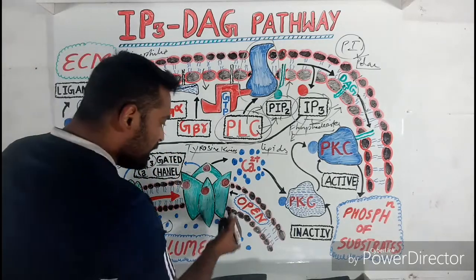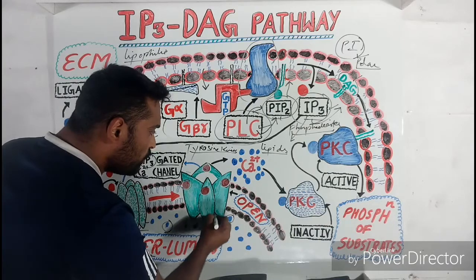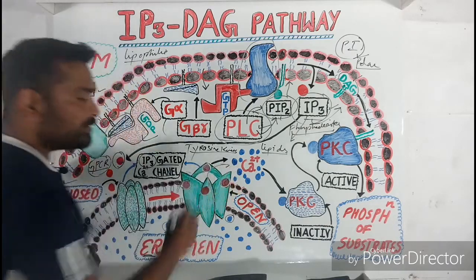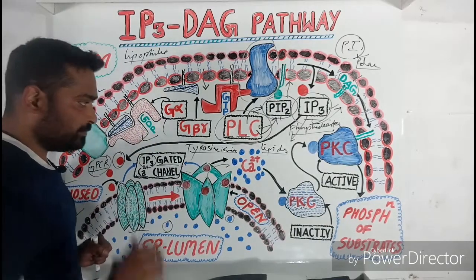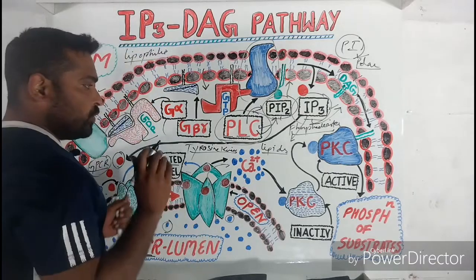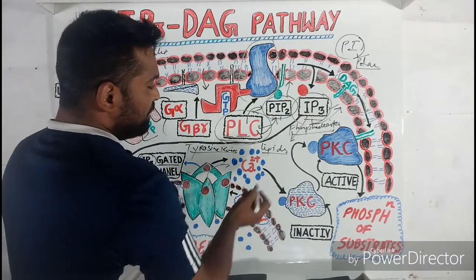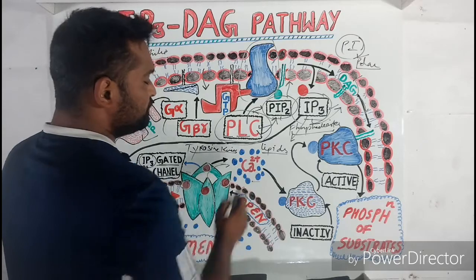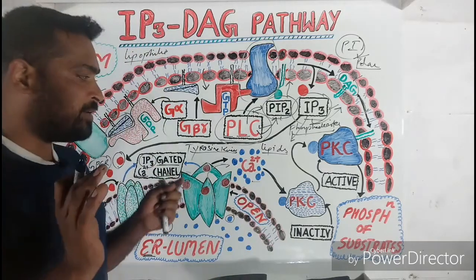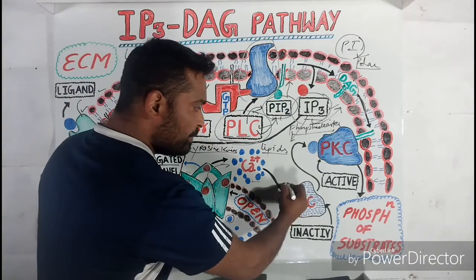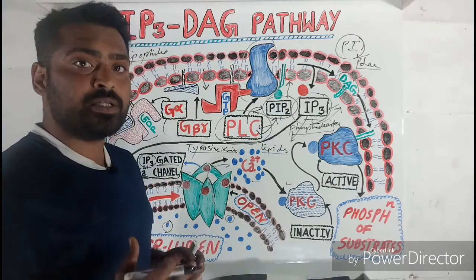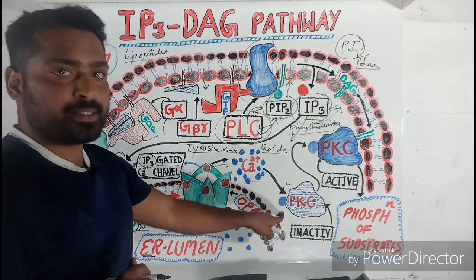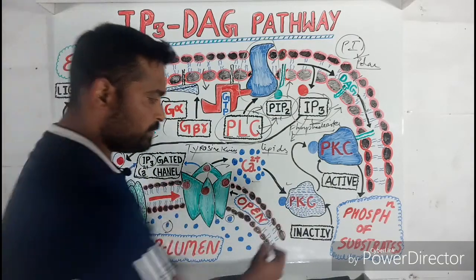After its opening, the calcium ions go from here to the cytoplasm of the cell. Now the calcium ions are present in the cytoplasm, and in the cytoplasm we have an enzyme known as PKC, protein kinase C. This is in inactive form.